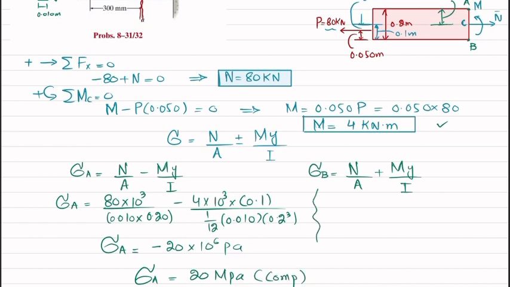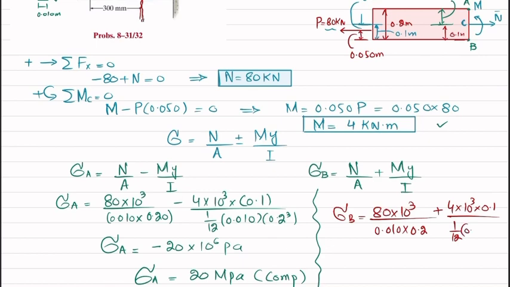For this portion, we know that stress at point B is equal to N divided by A. N is 80 into 10 raised to the power 3 divided by the same area, which is 0.010 into 0.2, plus moment, which is 4 into 10 raised to the power 3. And now you can see Y is the distance from the neutral axis to point B, which is again 0.1 meter, divided by the same I, which is 1 over 12 times B, which is 0.010, and H, which is 0.2 cube.